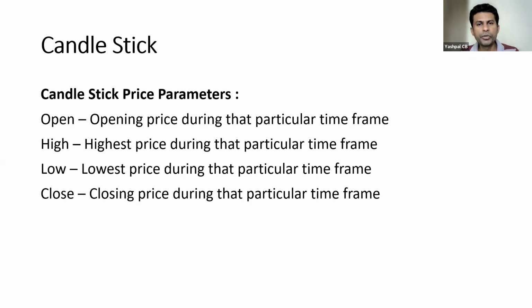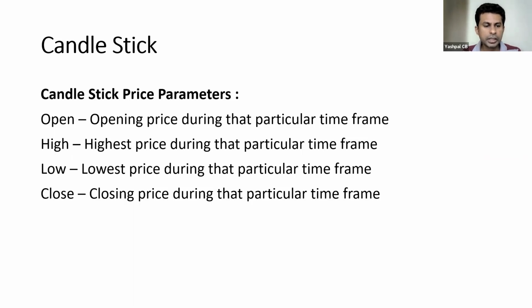So now suppose you have chosen the chart of 1 hour, each candlestick is for 1 hour, right? Likewise, if you have opened the chart of 1 day, each candlestick represents 1 day time frame. In that, it will show you what is the open of the day, the close of the day, the high of the day, and the low of the day.